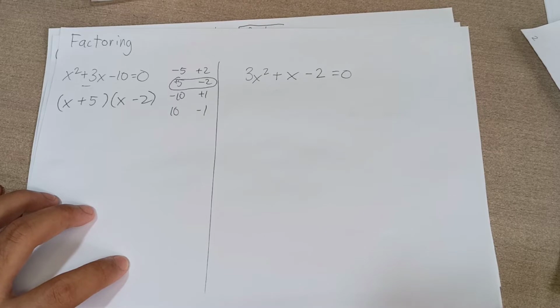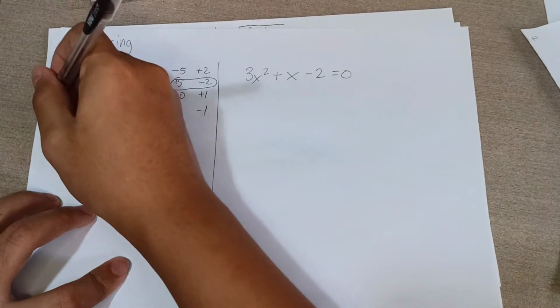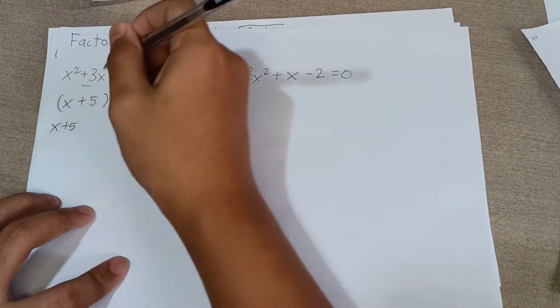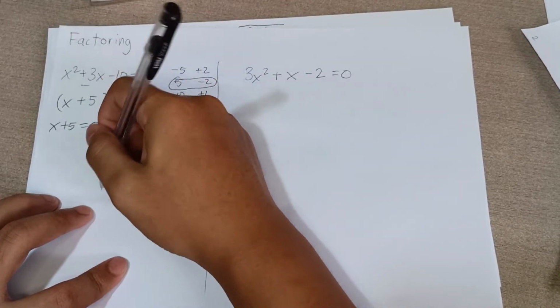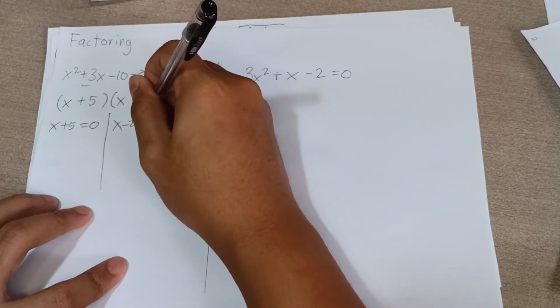To find the answer x, we can separate these two parentheses and make each equal to 0. Thus, finding x. So we'll make x plus 5 equal to 0 and x minus 2 equals 0.